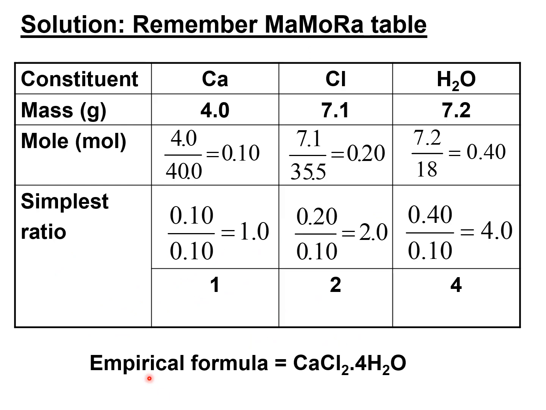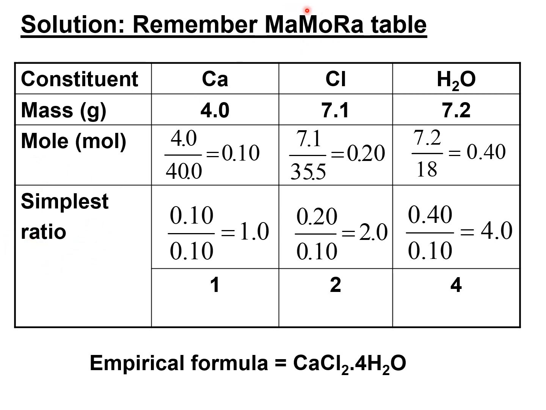Okay, untuk cari empirical formula, you kena buat memora table. Okay, ini adalah memora table sebab you nak cari simplest ratio kan. So, you need to know mass, mole and simplest ratio supaya you boleh dapat simplest ratio.